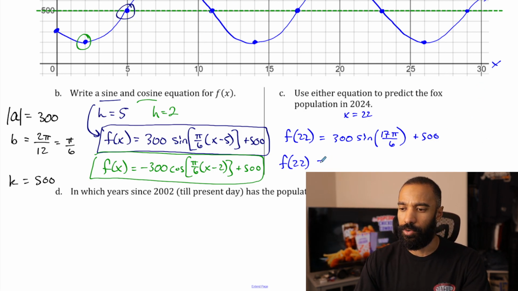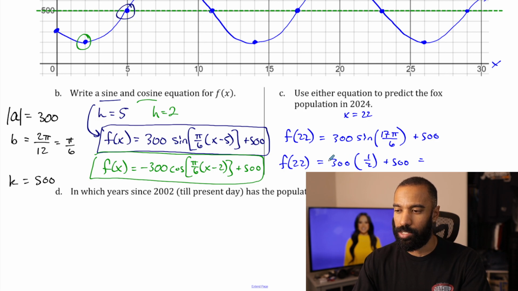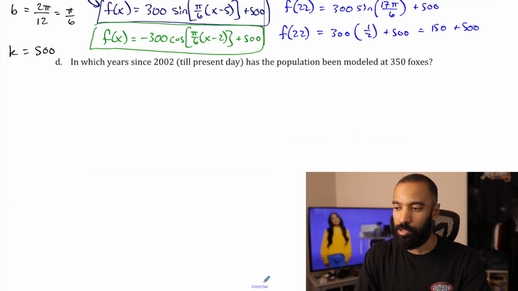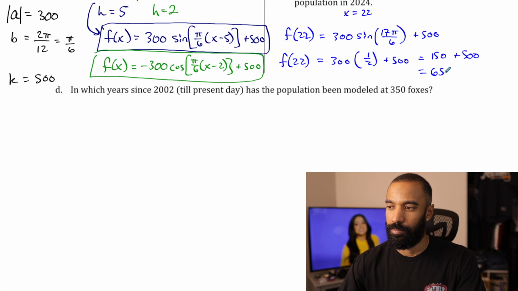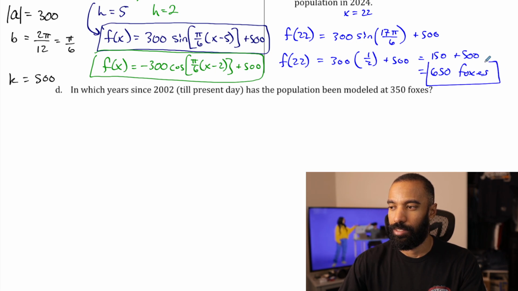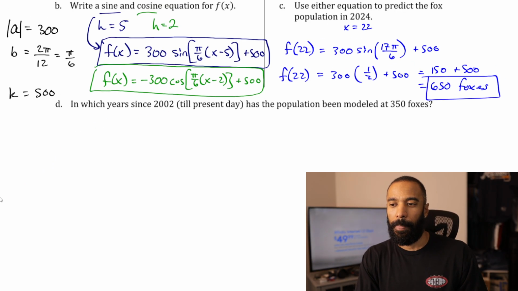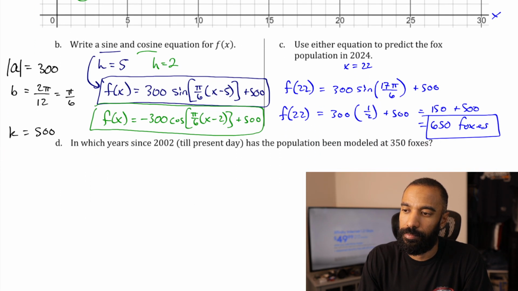So this is 300 times 1/2 plus 500, which is half of 300 is 150 plus 500, which is 650 foxes predicted in 2024.